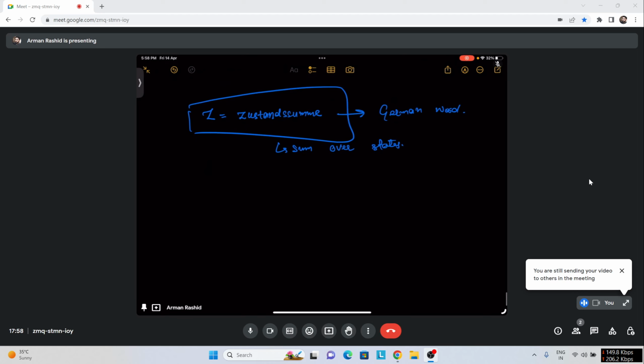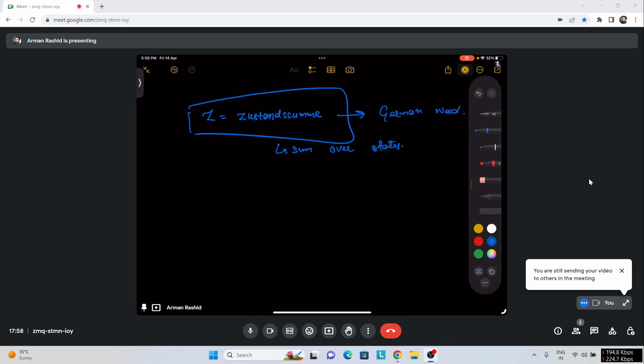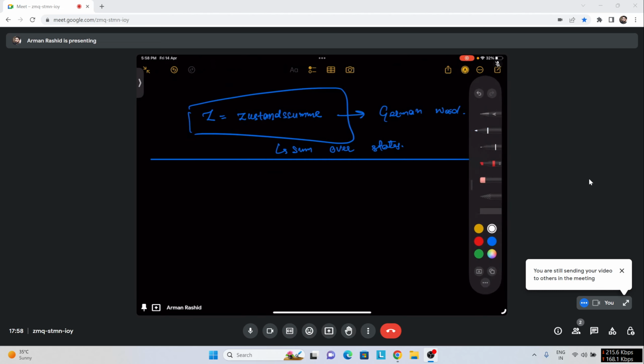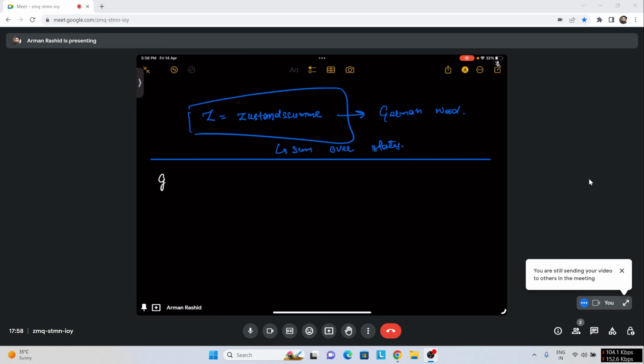Okay, so now we have something else called the grand canonical partition function. The grand canonical partition function is for a grand canonical ensemble.